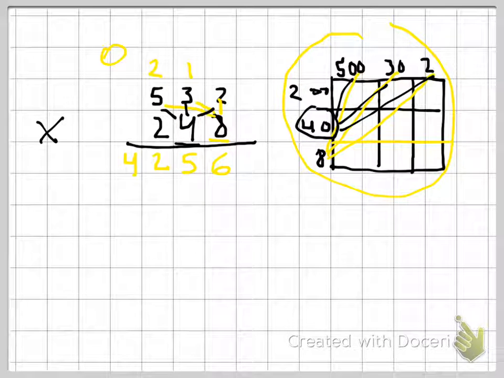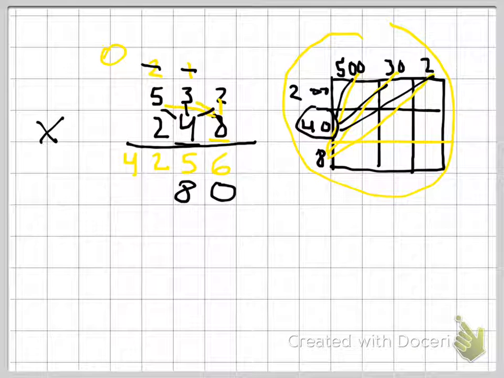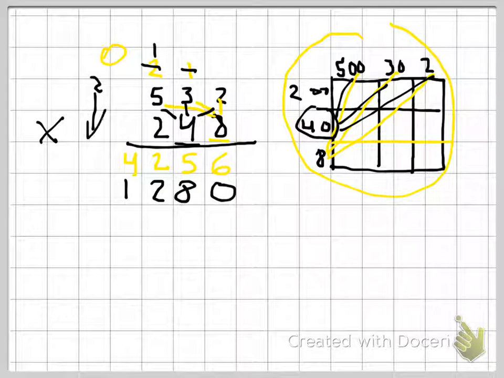Now remember, I am in the tens place, so I have to add a 0 and get rid of what I carried before. 4 times 2 is 8. 4 times 3 is 12. I put the 2 here, carry the 1. 4 times 5 is 20, plus 1, 21, carry the 2, it drops down.